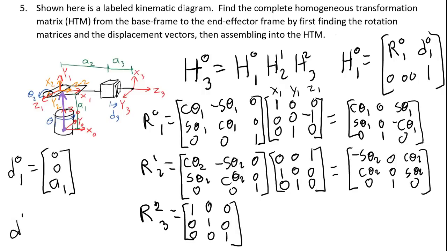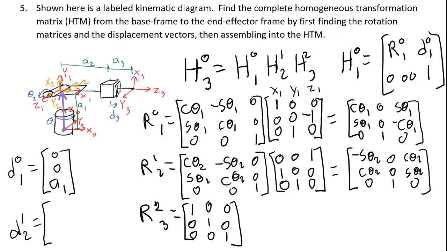Now let's do D12. D12 is very tricky because when you write it, it looks like it's wrong even though it actually is correct. Frame 2 is on top of frame 1 directly. No matter how theta 2 turns, the center of frame 2 is not going to move anywhere.